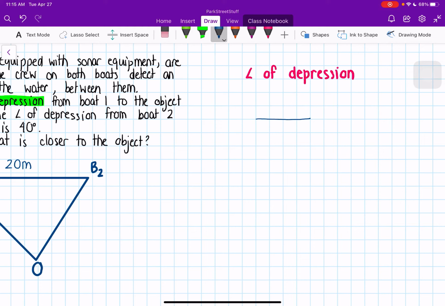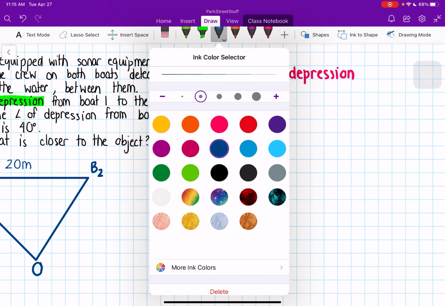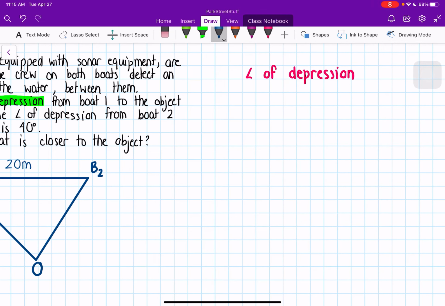Straight across is like you're parallel to the horizontal. So if you're looking straight across, by how much do you have to angle your vision downwards to see something? If we had the object down here, this is your angle of depression.